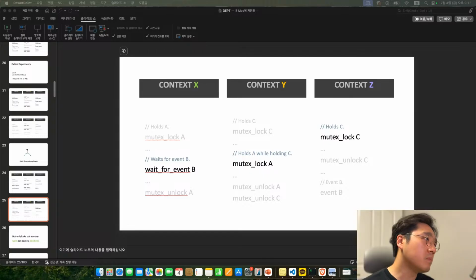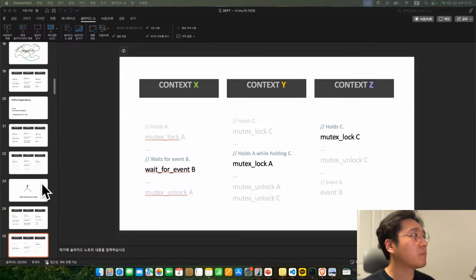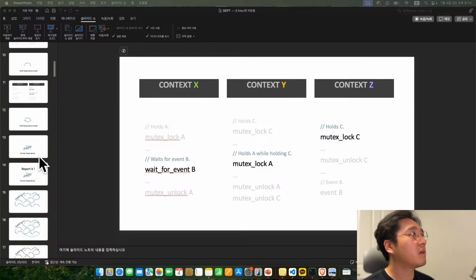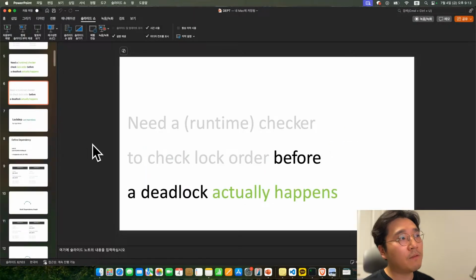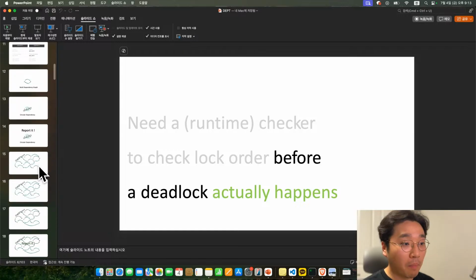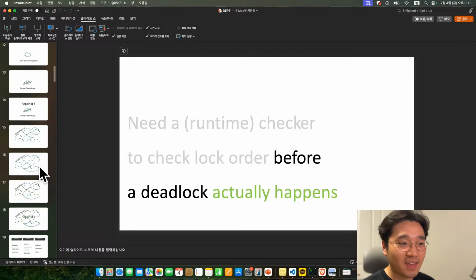As you can see, before a deadlock actually happens, we need to detect and fix it. This is the bug. AI can never handle this complex situation when they learn time, right?